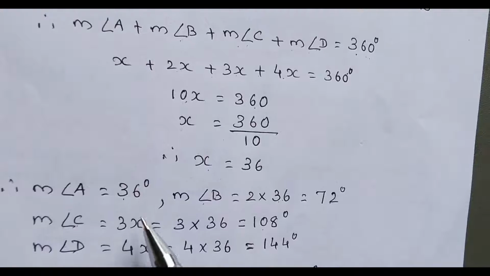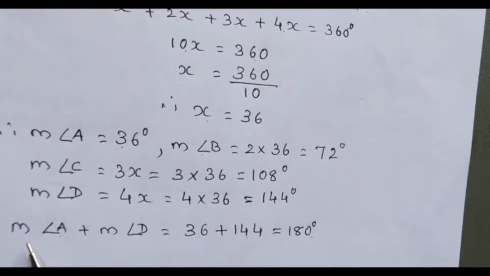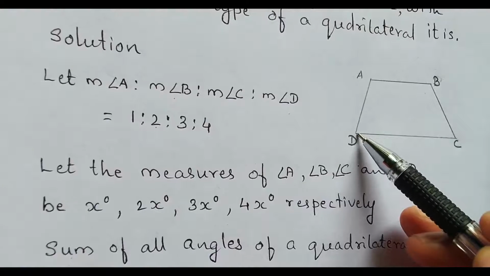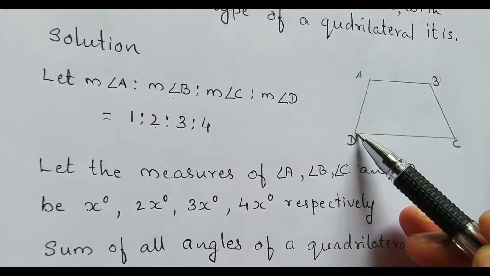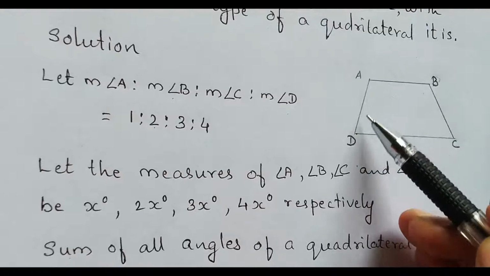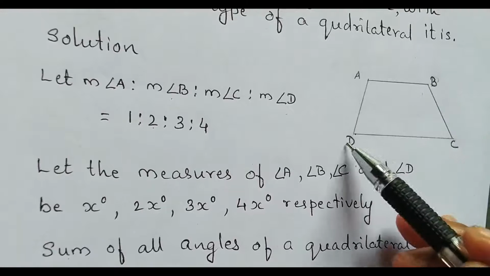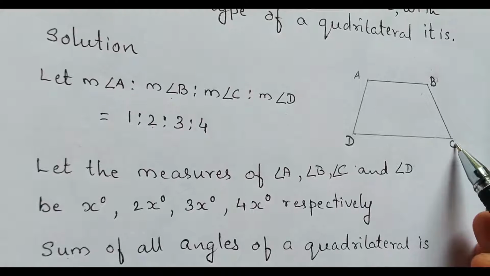Now if you observe the angles, the adjacent angles A and D, the sum of their measures is 180 degrees. Measure angle A plus measure angle D is 180 degrees. That is, the interior angles are supplementary, which means that segment AB is parallel to DC.